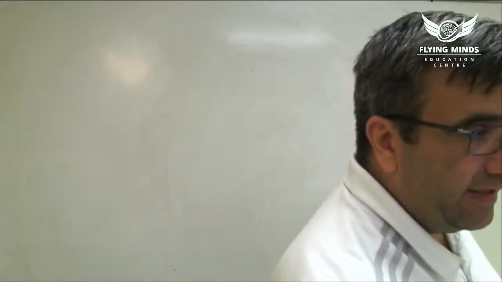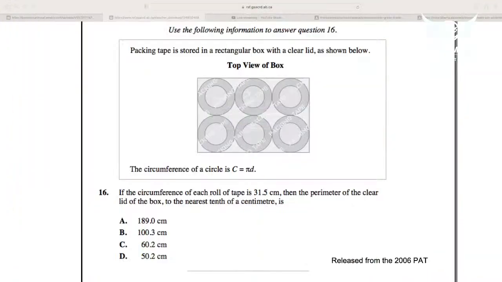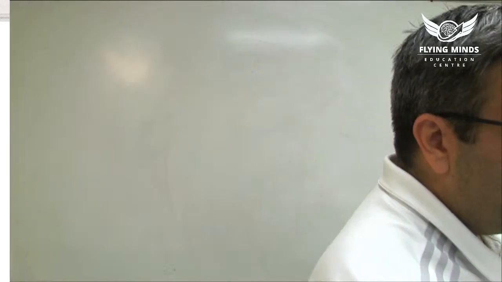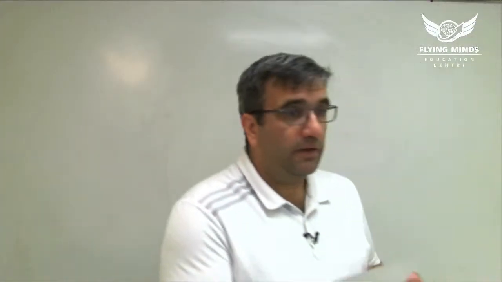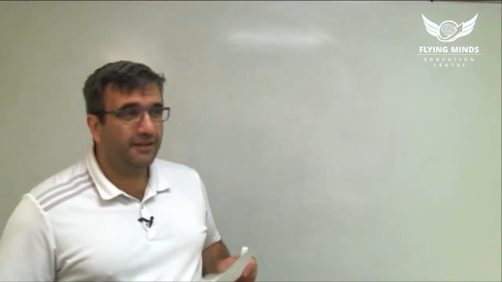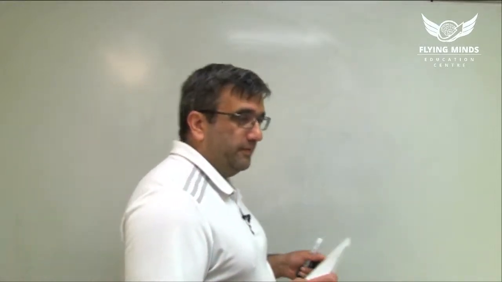And as we can see from this diagram, the length of this box is equivalent to 3 diameters, and the width of this box is equivalent to 2 diameters, right? So what's left to find is the diameter of each roll, okay?